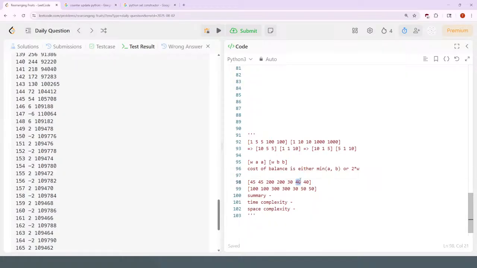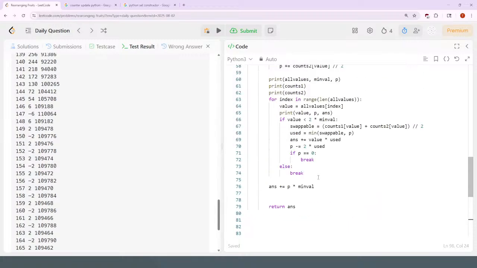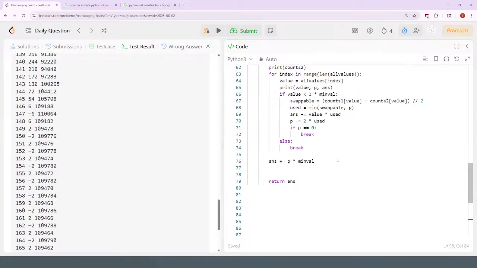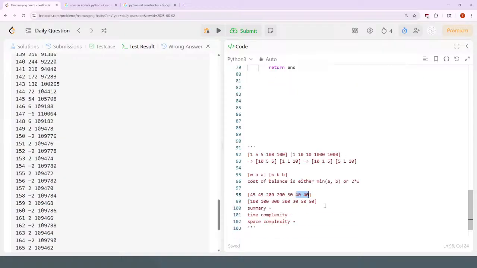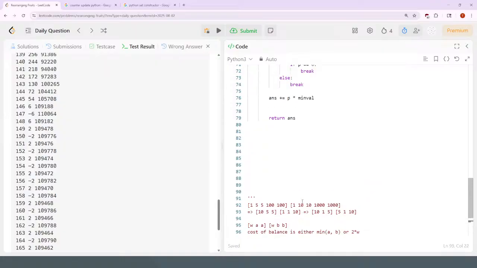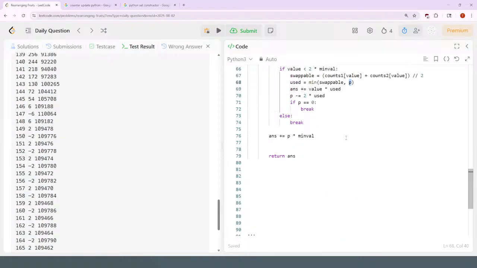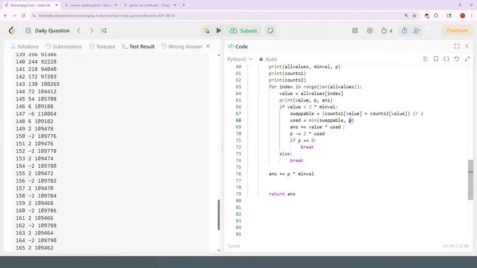I should be getting down to like 2 pairs. Okay, so each pair, there has to be an even number of pairs that are unbalanced. Otherwise it wouldn't work.